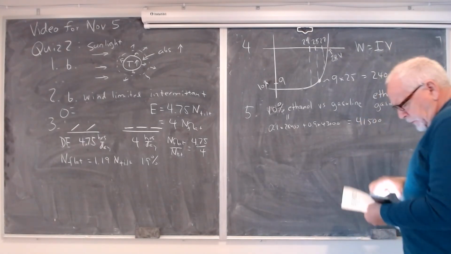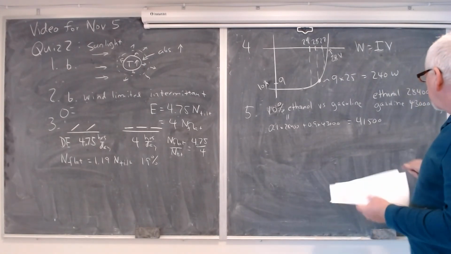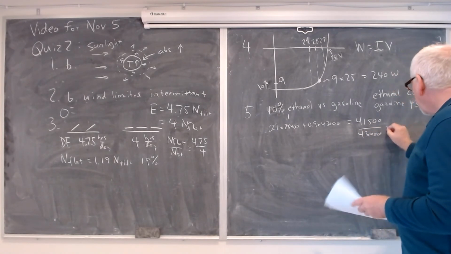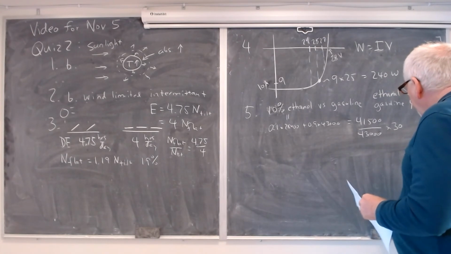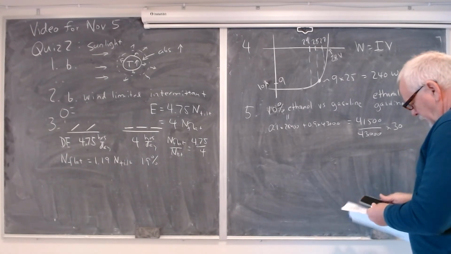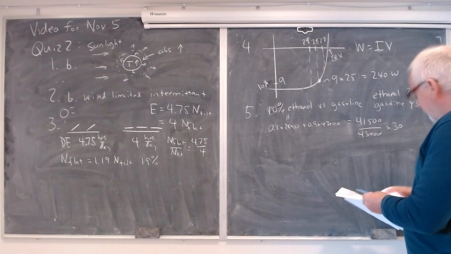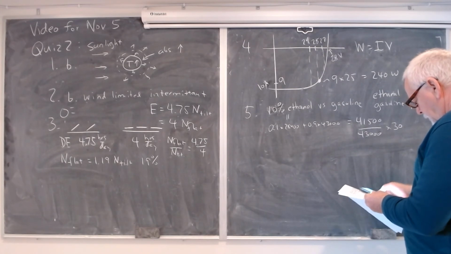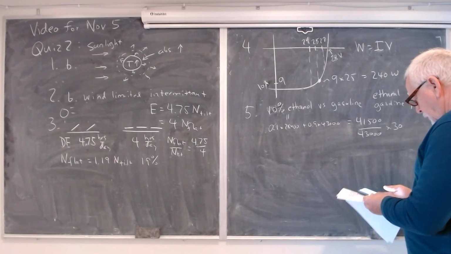Now, if you stopped there, you would get the right answer because basically you take that divided by 43,000 and multiply times 30, and that would give you 41,500 divided by 43,000 times 30, 29.